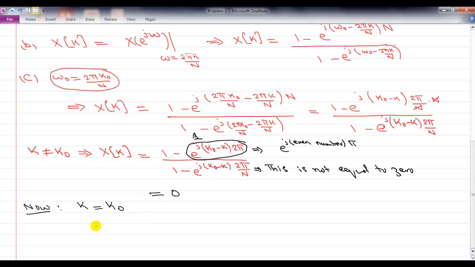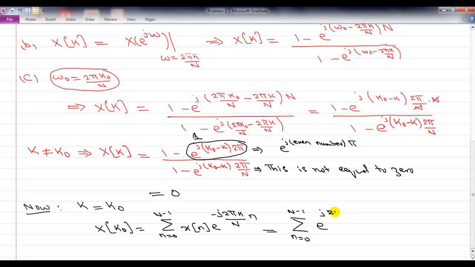So for k equal to k naught, I'll just say that X of k naught equals the summation n from 0 to N minus 1 of x[n] e to the minus j 2 pi k over N times little n. So I'm going to replace the value of x[n], which is e to the j 2 pi k naught over N times little n, times e to the minus j 2 pi k over N times n. So this is X of k.